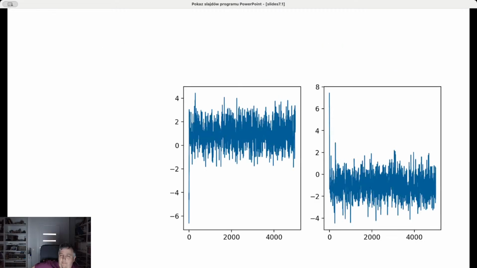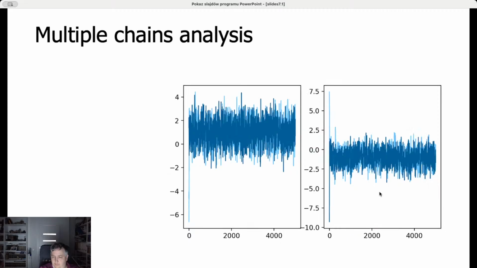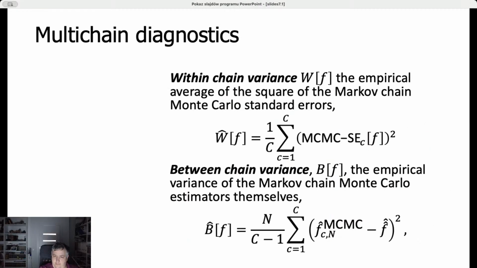If we start sampling values from our distribution, we can see that after some time we get samples that are centered around certain values. If we run multiple chains, we can see that the behavior is consistent. Starting from different points, those chains behave properly.